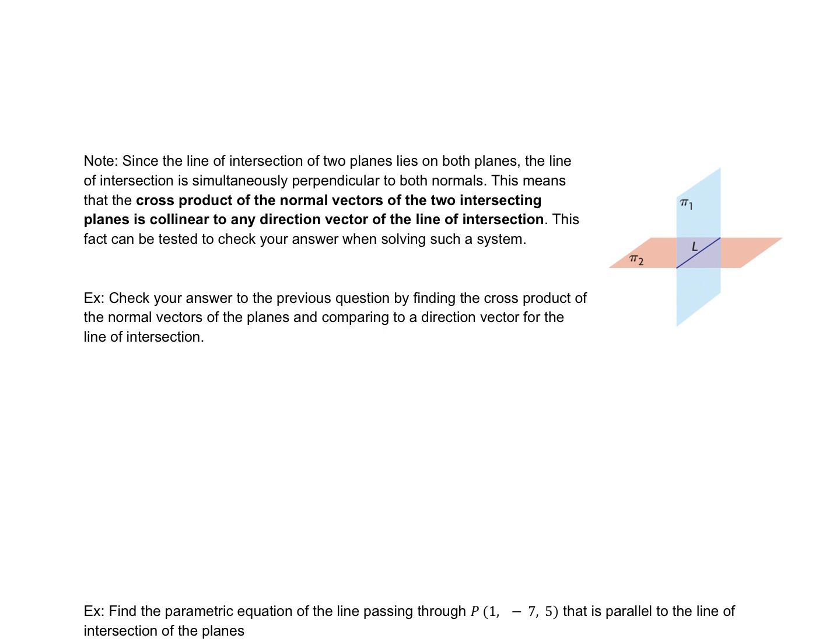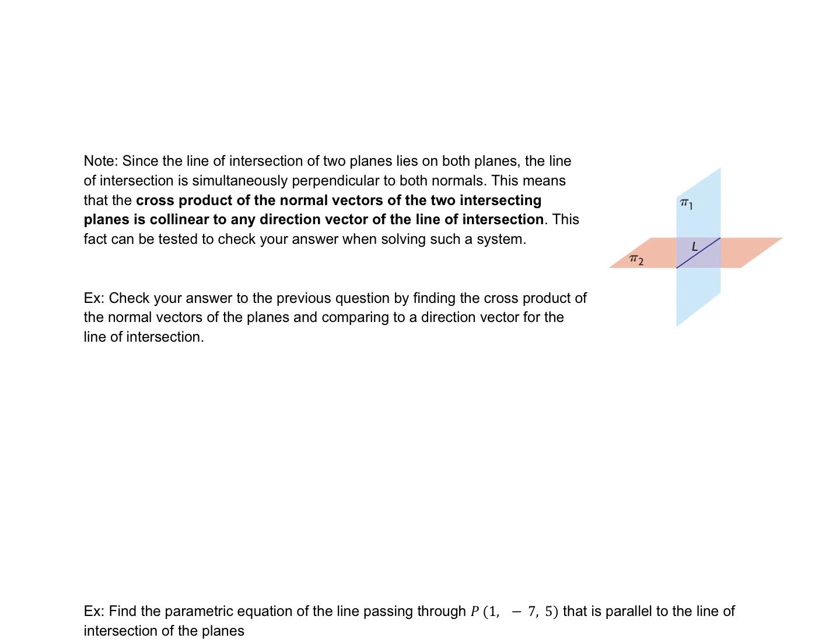Which means if you take the cross product of your normal vectors, you're going to get a vector that is perpendicular to both normals. And that vector will actually be collinear to the direction vector of your line, because the line is perpendicular to both normals. So let's use this idea to check our answer from the previous question.